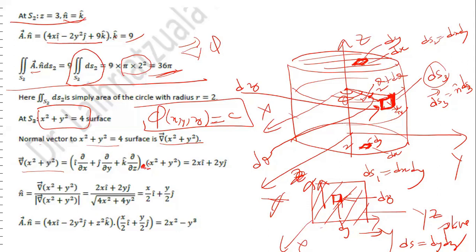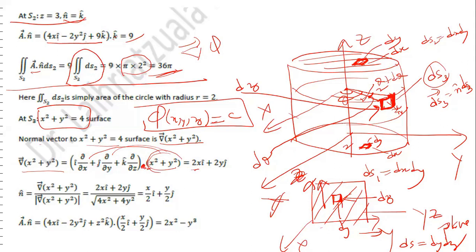And when you take the gradient here, you have to differentiate this with respect to x. Differentiation of x square is 2x, differentiation of y square is 0. So therefore the i cap coefficient will be 2x. And differentiating with respect to y, differentiation of x square is 0, differentiation of y square is 2y.